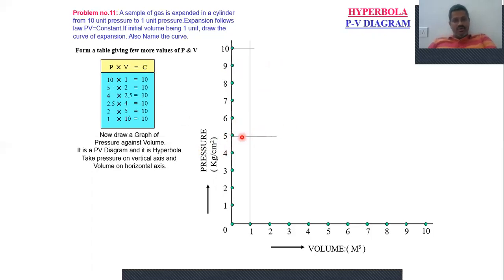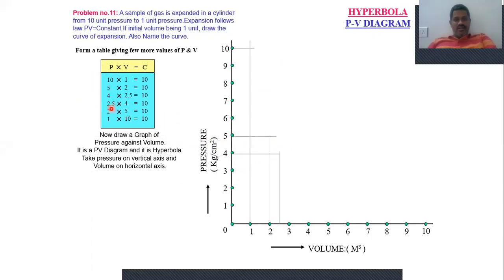You take the 5 point, then the second point like this, so you will get a point. Then take the fourth value, the pressure is 4, so draw a horizontal line, and the volume is 2.5 from here. So exactly from here we have to draw a vertical line.